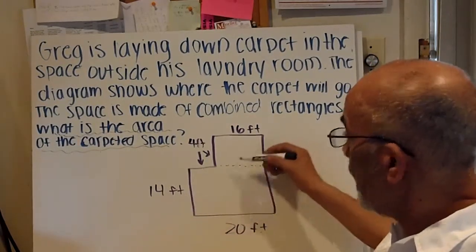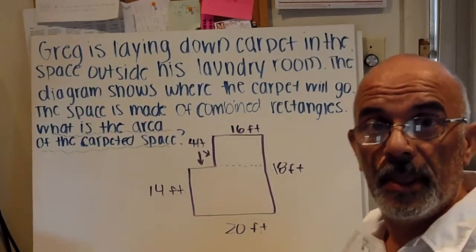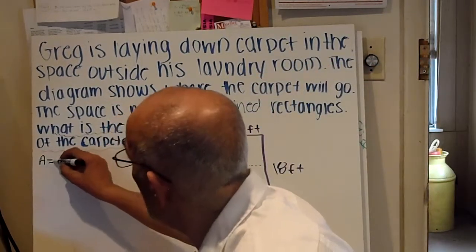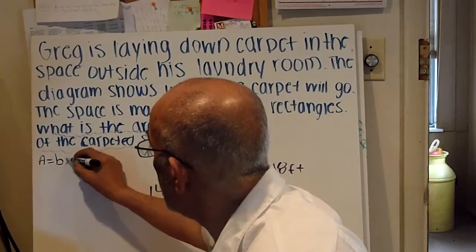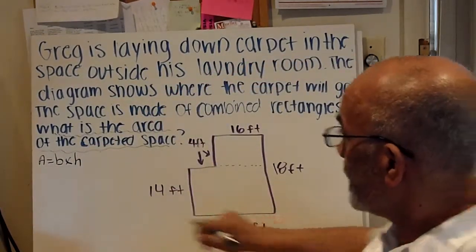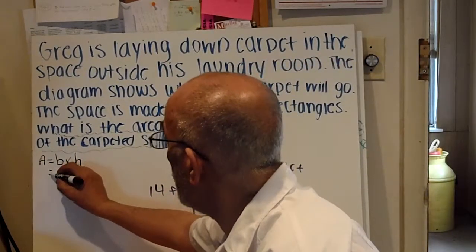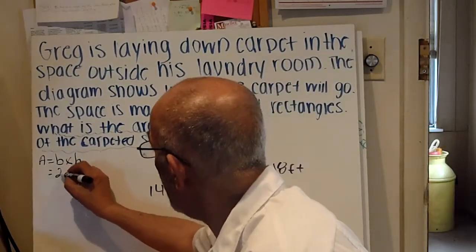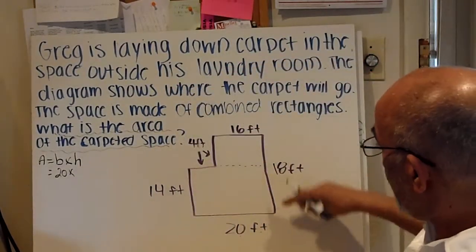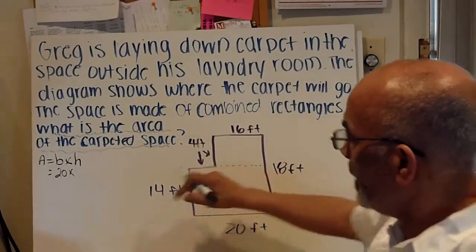So again, I make my dotted line. I have now two rectangles. We know how to do area of a rectangle. A equals base times height. Let's look at the bottom one first. A equals 20 times, to here, we don't want 18, we want 14.